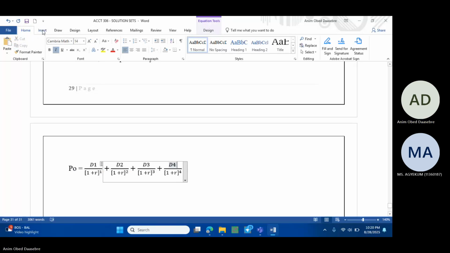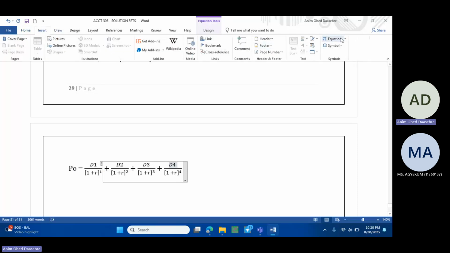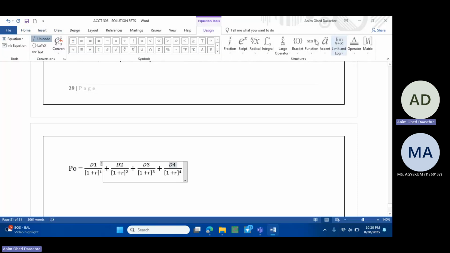But don't forget that there is also a terminal value that we are going to add towards D4. That is the price for year 4.